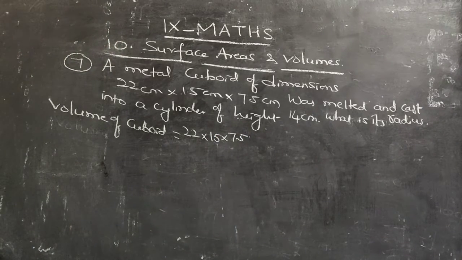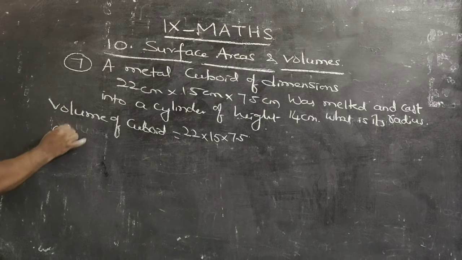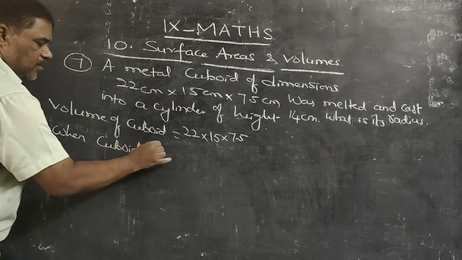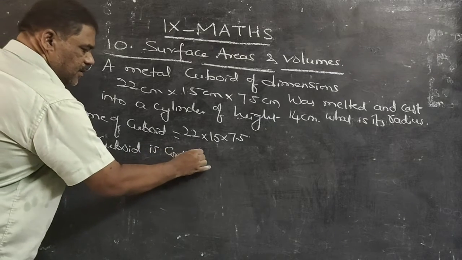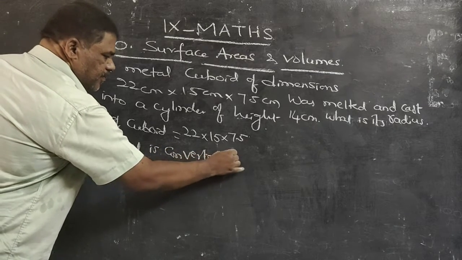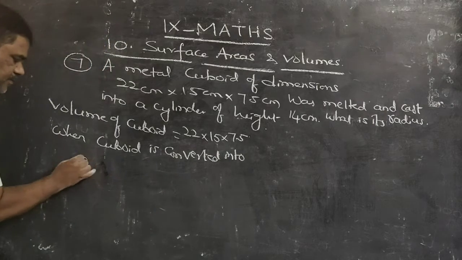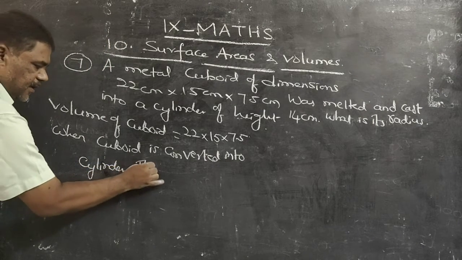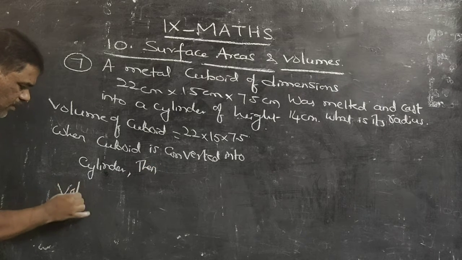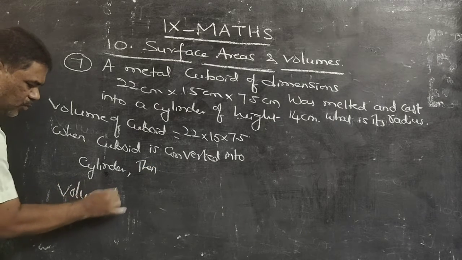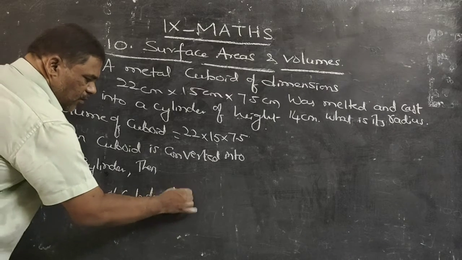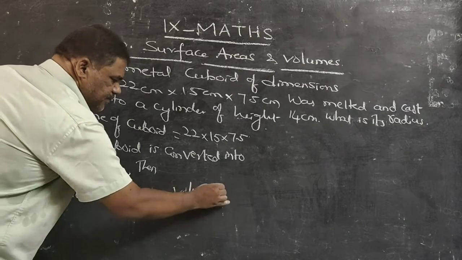When the cuboid is converted into a cylinder, then the volume of the cylinder and the volume of the cuboid will be the same. So volume of the cylinder is equal to volume of the cuboid.